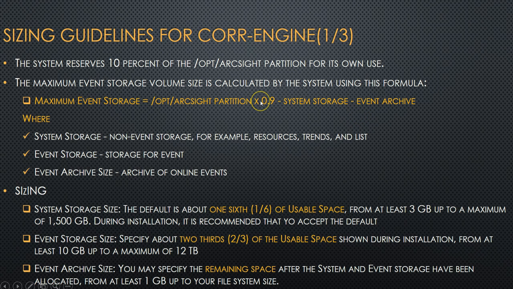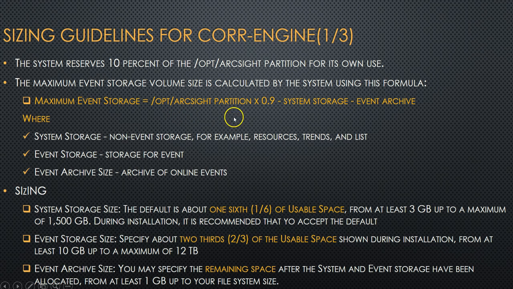So actually, while we are doing the ESM installation, the system will check the partition size of /opt/arcsight, and then reduce 10% from it to get the usable space. This whole bulk will be the usable space.